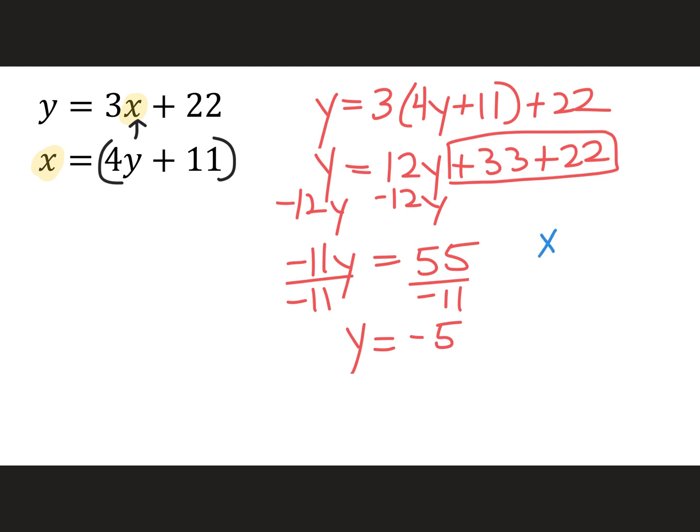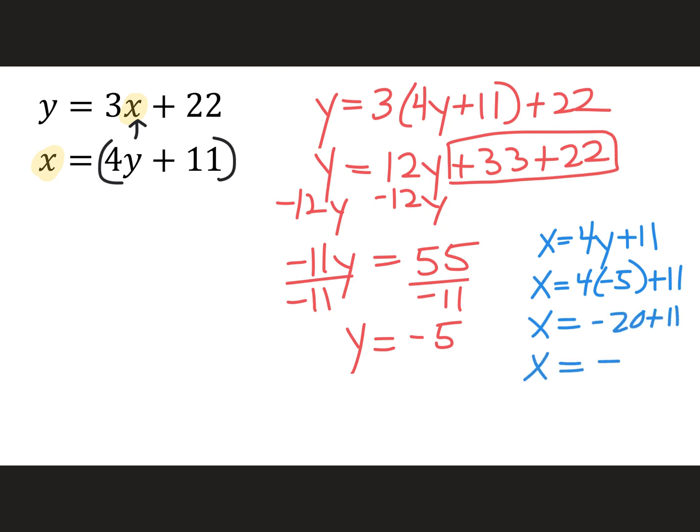So I have x equals 4y plus 11. Since we said y is negative 5, I'm going to say x equals 4 times negative 5 plus 11. That means x equals negative 20 plus 11, which means that x equals negative 9. So my final solution here is negative 9, negative 5.